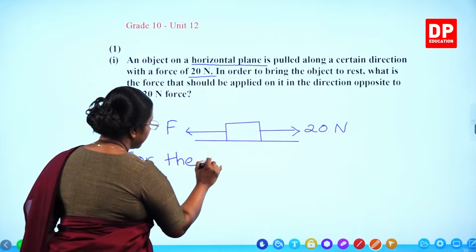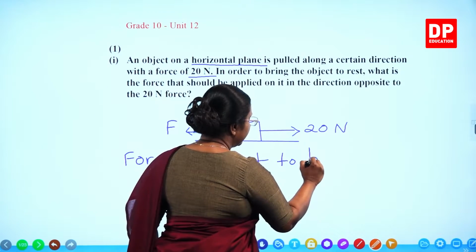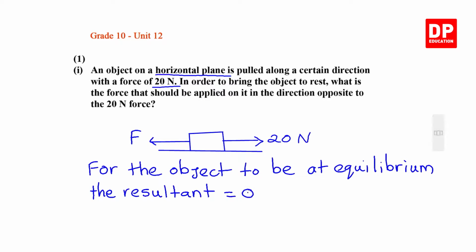For the object to be at equilibrium, the resultant should be 0.